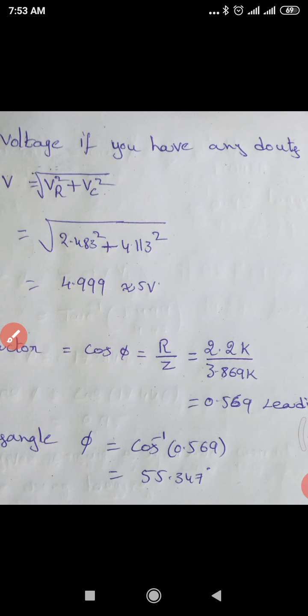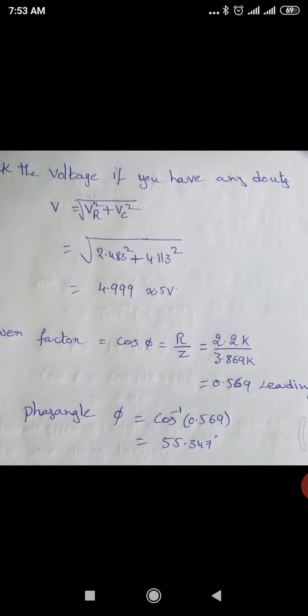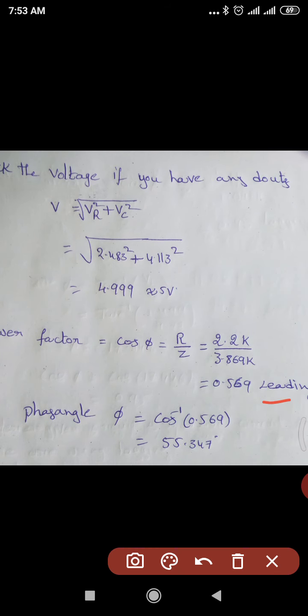Here we are writing leading. Why are we writing leading? Because in our given circuit only capacitance exists. That's why we are writing leading.